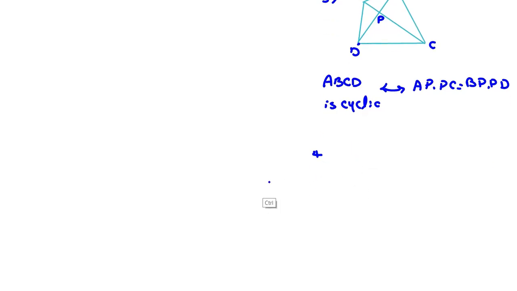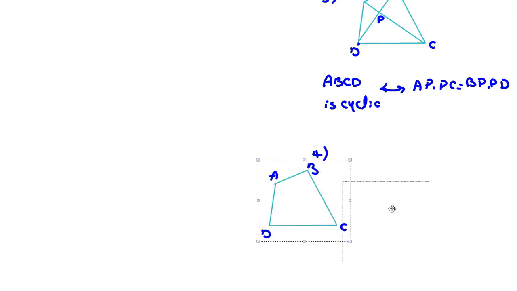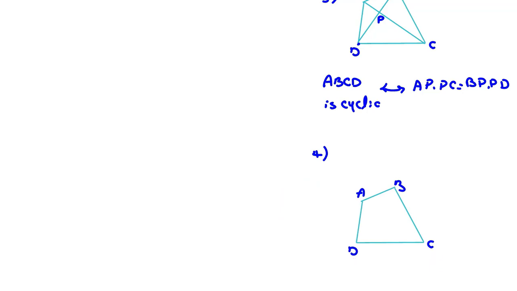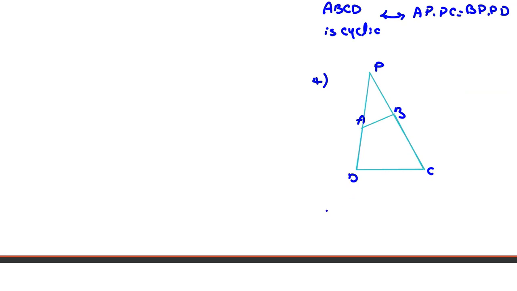You should extend the 2 sides here. Each of them has a proof, and the proofs are basic. You can use them without proof because they are so famous in exams that need a full solution. So here again, ABCD is cyclic if and only if PA times PD equals PB times PC.